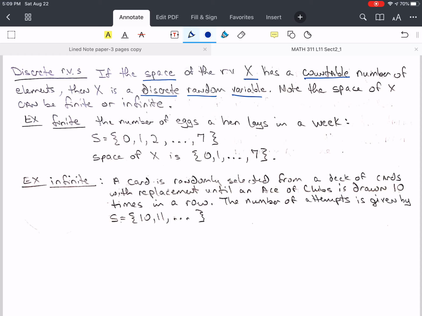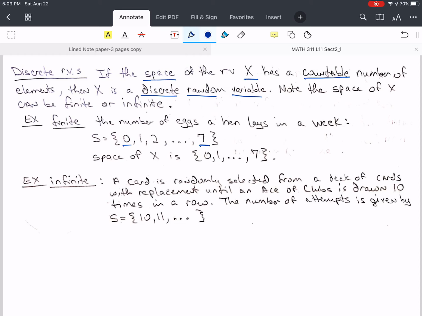Let's do an example where it's finite, and that would be the number of eggs a hen lays in a week. I looked this up, and supposedly they can lay 1 egg a day. So it could be that the hen is not laying any eggs, so 0. It could be that she lays 1 egg every day, and we get 7.